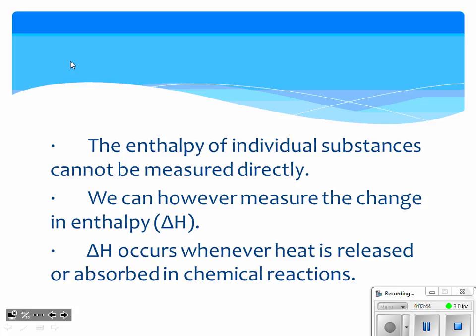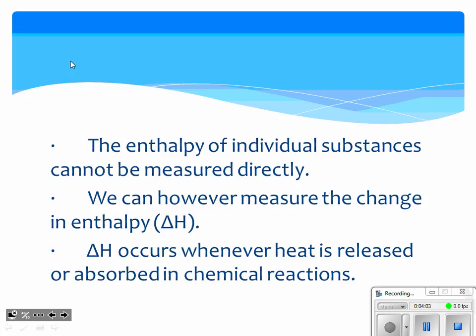So whether we have an endothermic reaction, where heat is absorbed, or an exothermic reaction, where heat is released, we can measure the changes that are occurring with the heat.